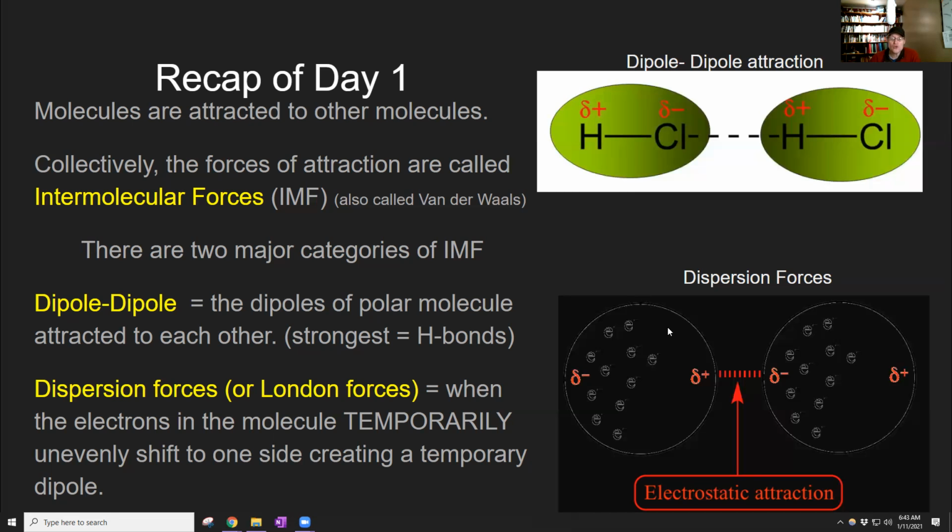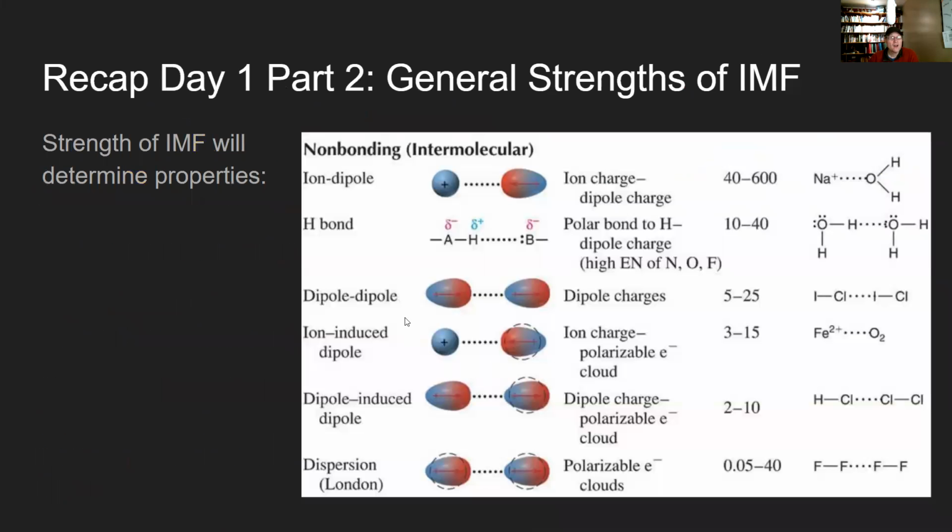So you have a temporarily polarized atom that causes polarizability in another atom, and that shift or attraction is then keeping those two substances together.